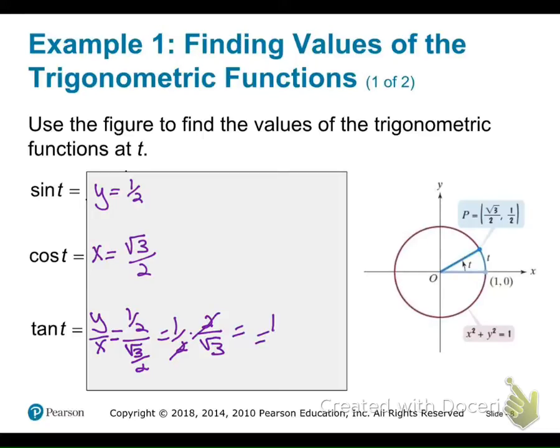We have to rationalize. I'll do one more step. So you get the square root of 3 over 3.